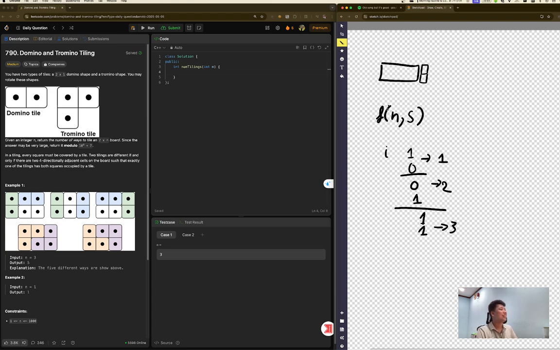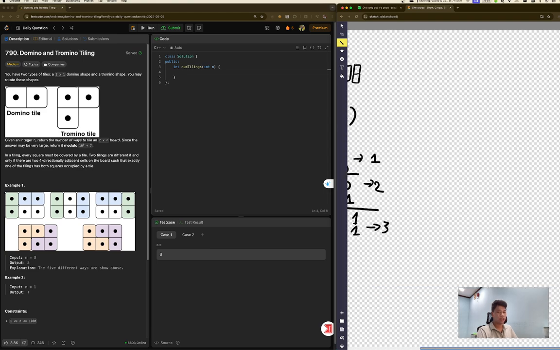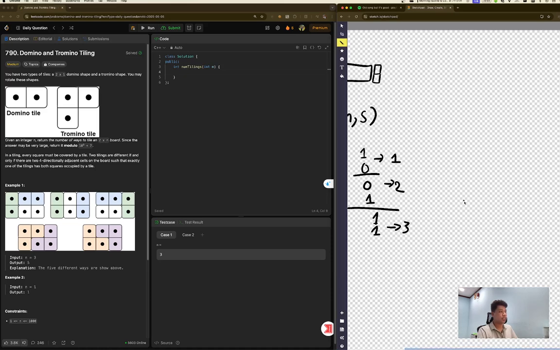Okay, so now let's count how many cases we have. For the first case, we put the domino to the end, the previous domino.